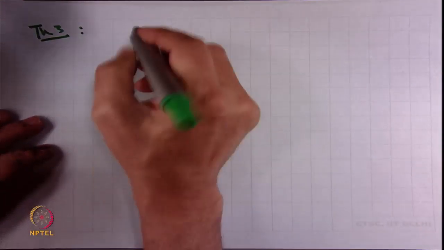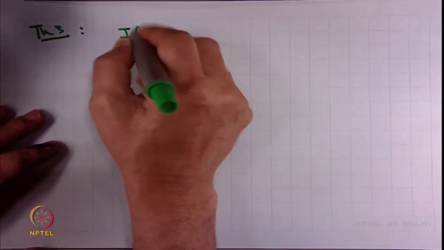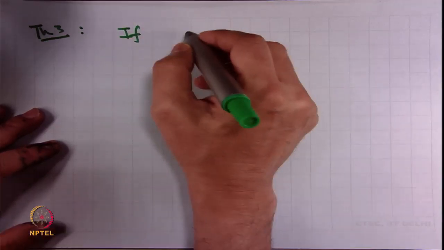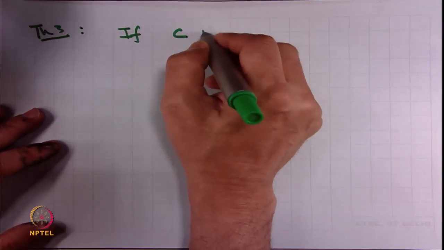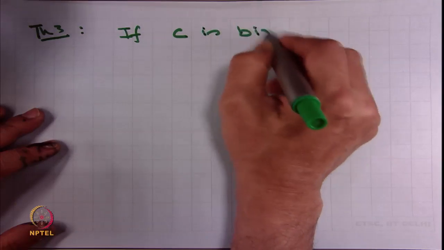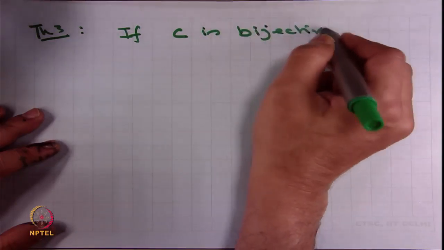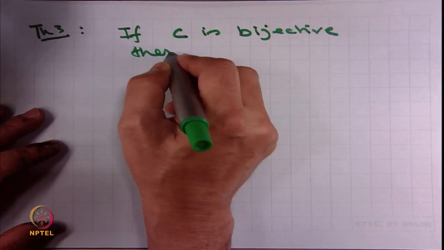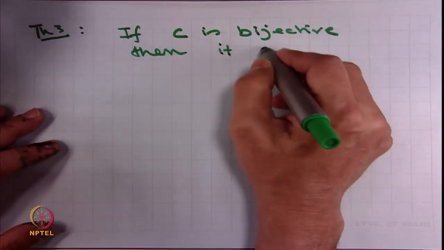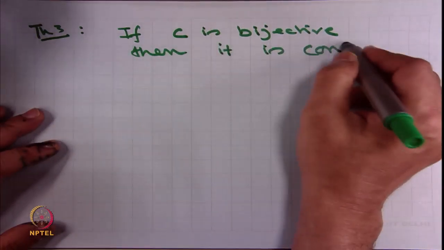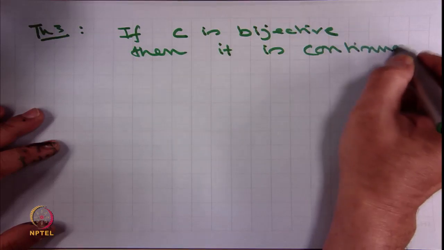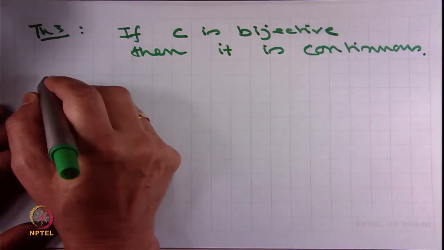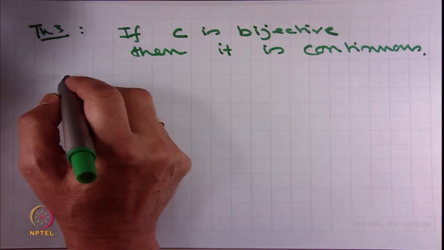Another interesting result is, if C is bijective, then it is continuous. Let me give you a proof.